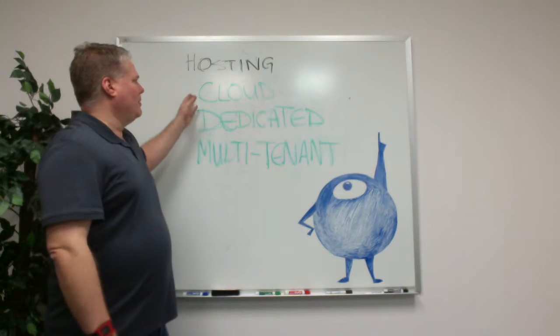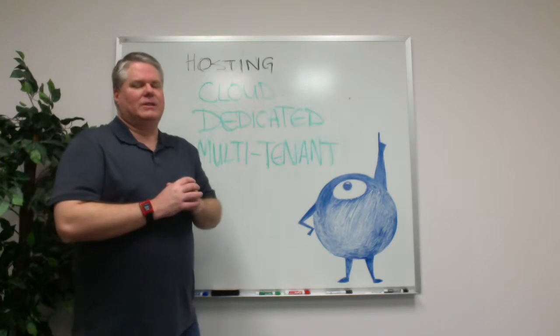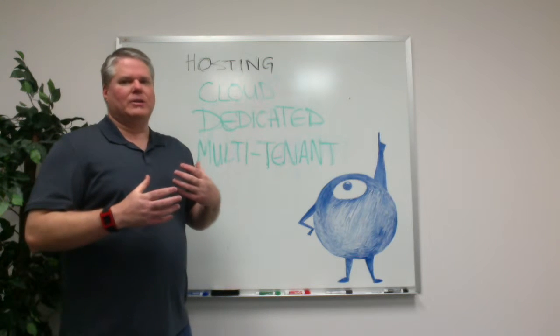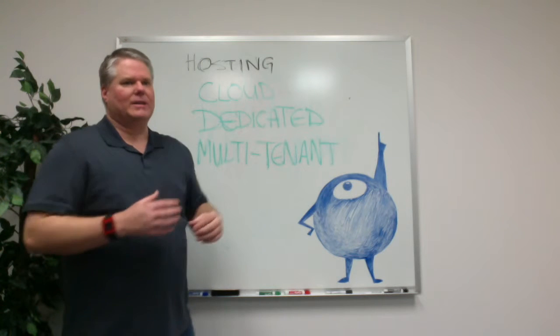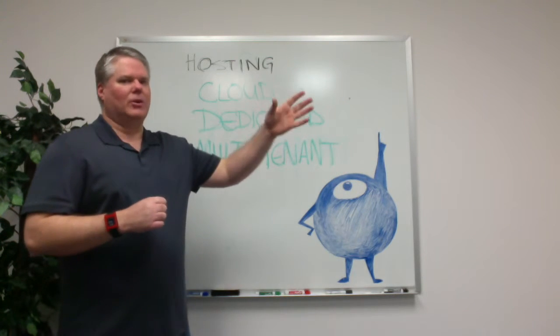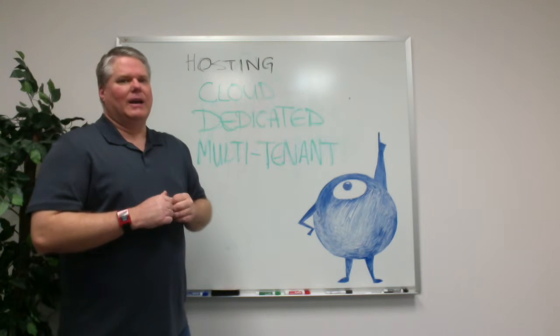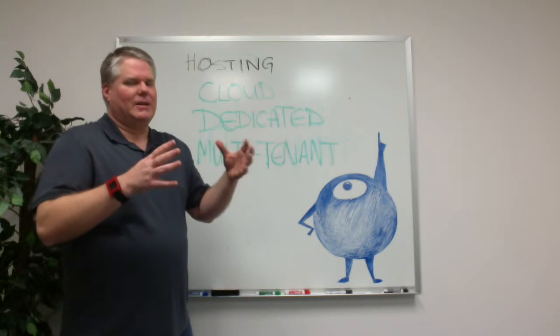Let me give you some examples of the cloud services. So in a cloud hosting situation, you're going to have some sort of access to a server. It's actually got an IP address that you can go access. You're going to load up your software on there, and that cloud server may be using CPUs from one machine at one time, another machine at another time. Again, it's kind of in the cloud.